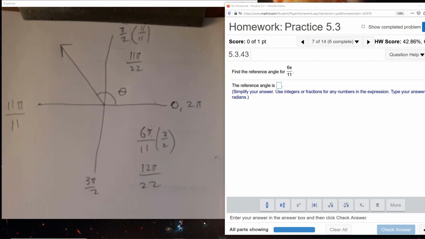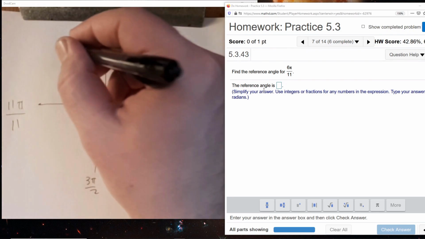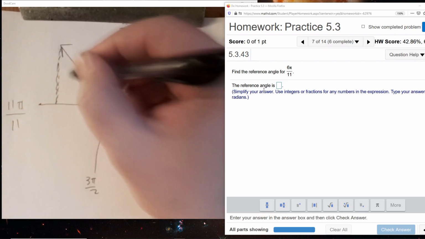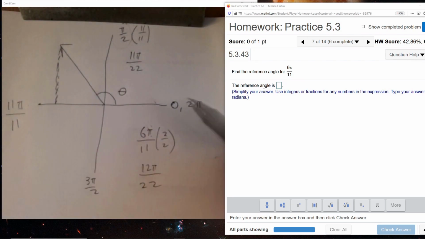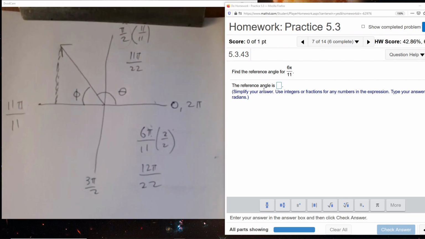Now this particular problem is actually asking for the reference angle. The reference angle is the interior angle of our right triangle. So remember, you draw down to the x-axis. Here is our reference angle.